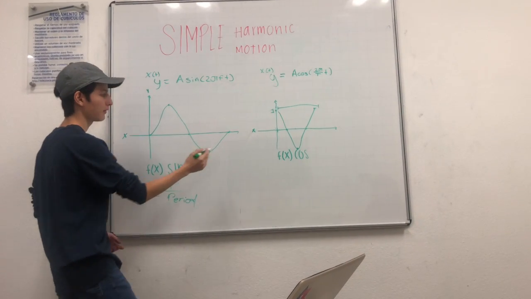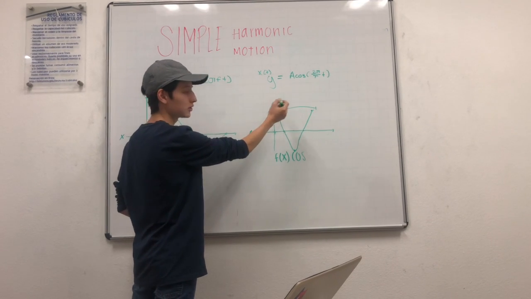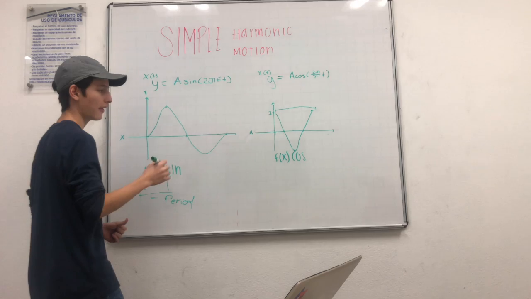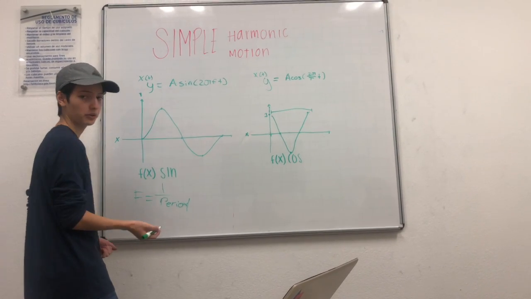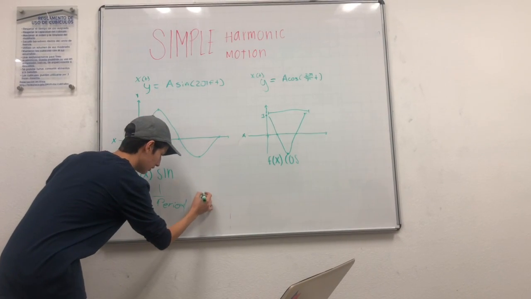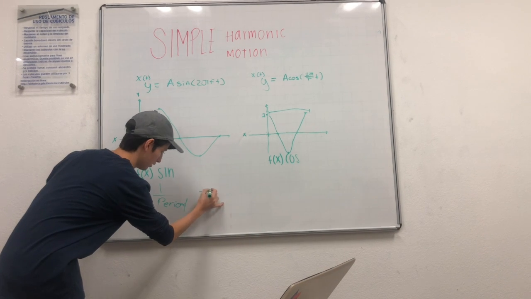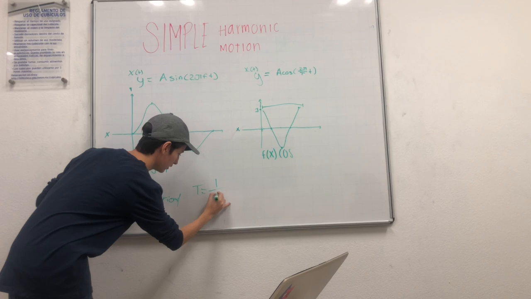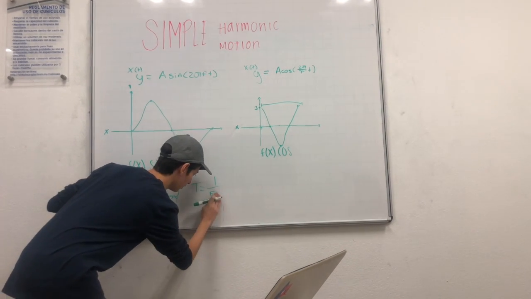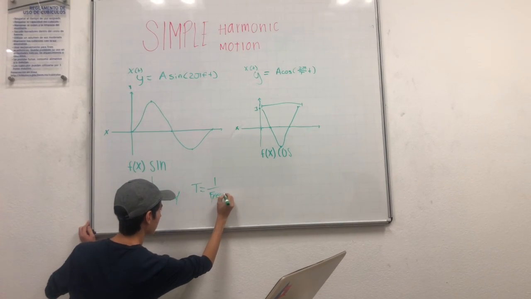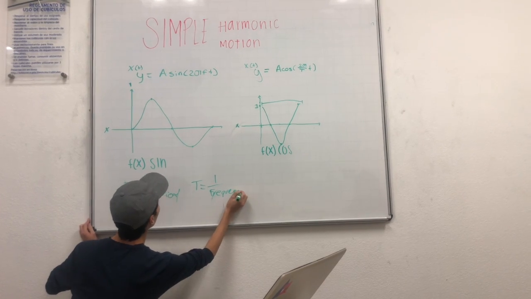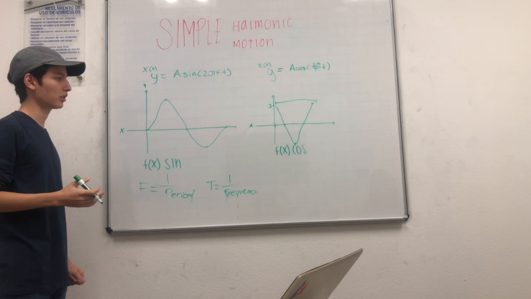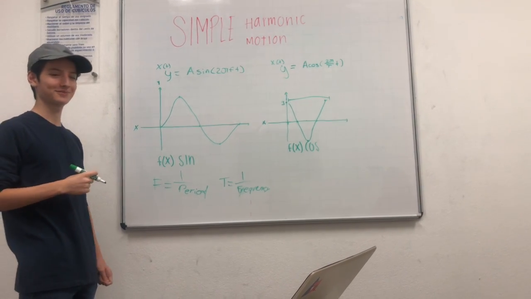Period is obtained from one point to another, from a peak to another peak. If we don't have the period, we can calculate it by changing the equation to 1 over frequency, and t represents time, which we're going to calculate.